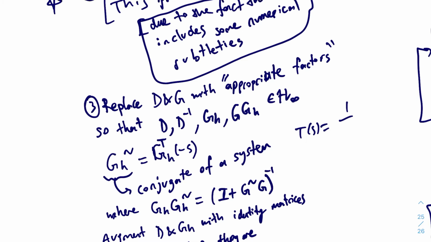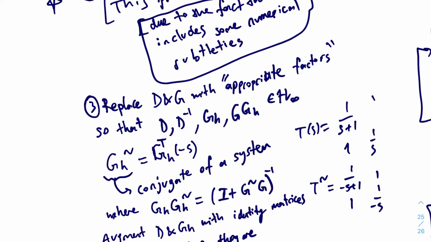In addition to that, this symbol, this tilde, is the conjugate of a system. Let me give a quick example: T of s is 1 over something.